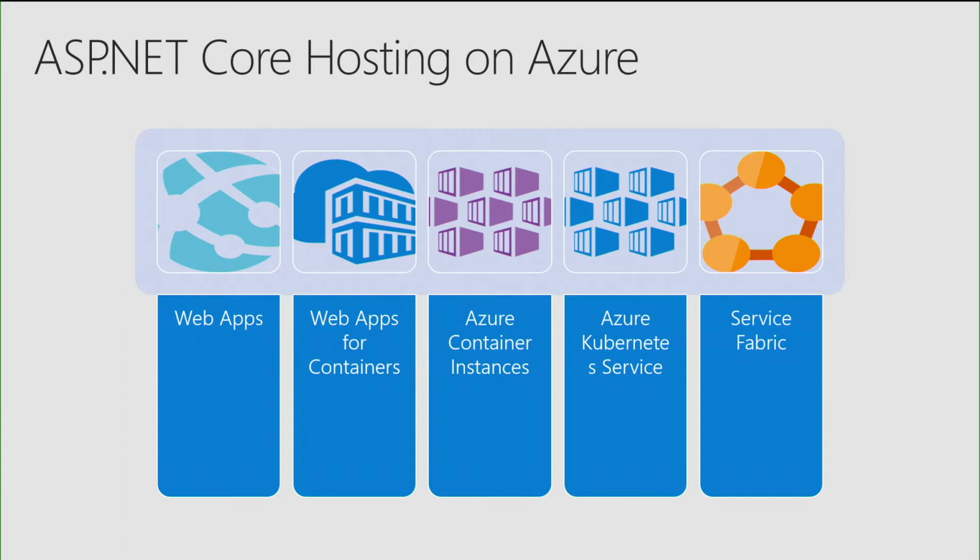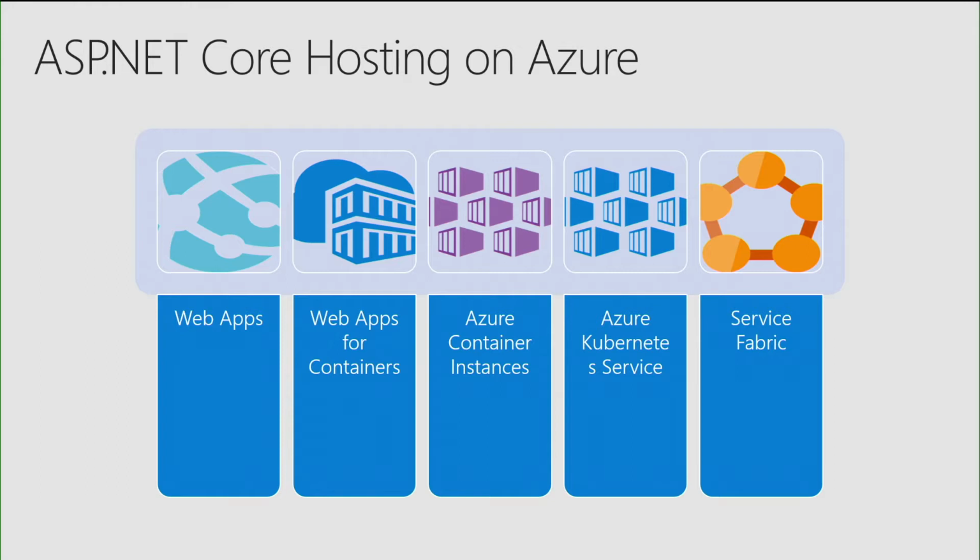So the two differences are web apps is I would just be able to host this in your standard shared hosting type of environment in Azure. Web apps for containers is using Docker and the Docker container methods. We can host it on Windows or on Linux. And then we have container instances, which is our fast hosting for container instances.